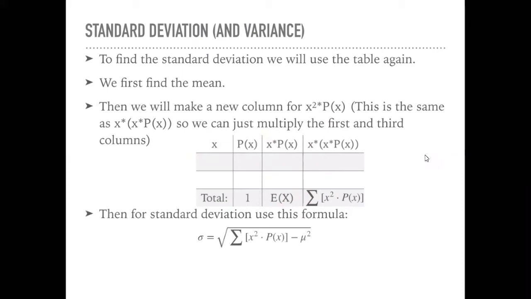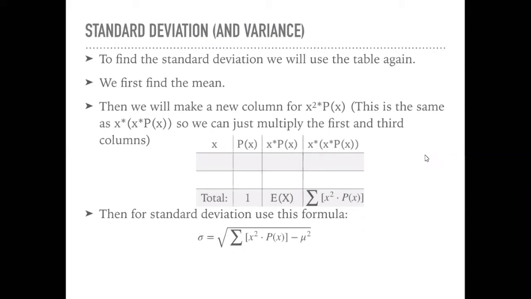The standard deviation is equal to the square root of the sum of the x squared times p of x's minus the mean squared. So you have to have found your mean first, because we do need the mean in the standard deviation formula.